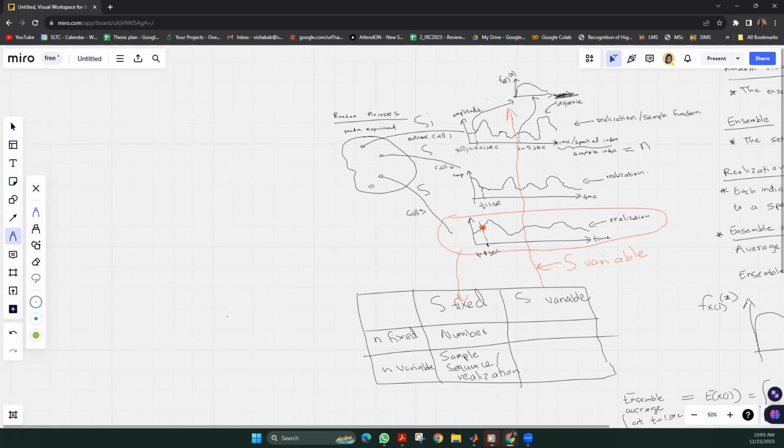If we consider only one time instance, let's say t equals 1 second, and take all the amplitudes of all the realizations, what do we get?